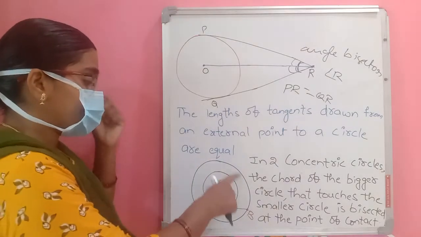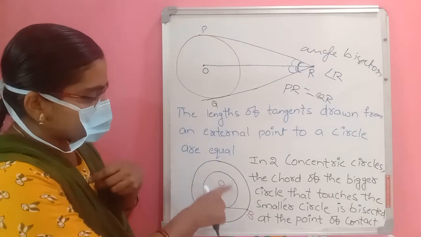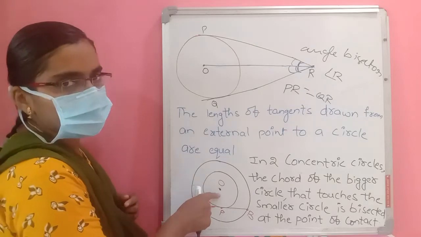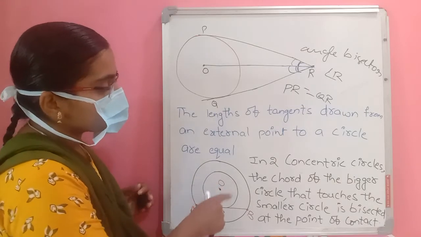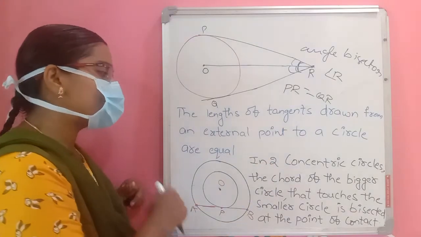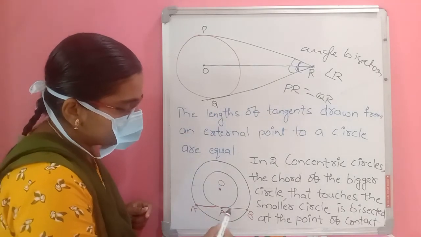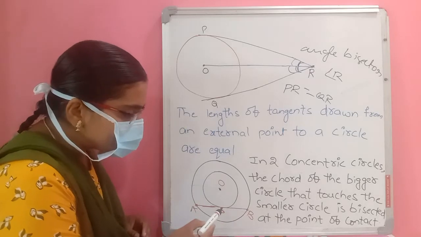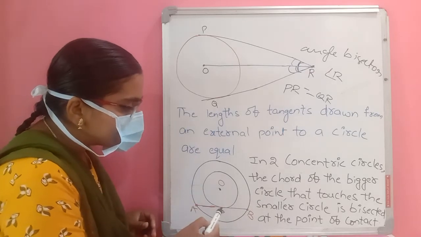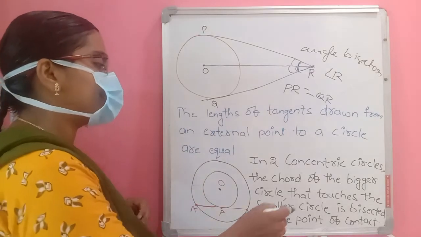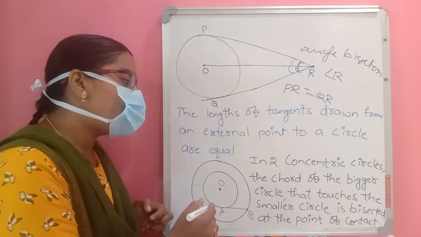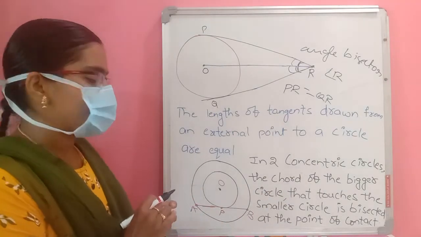Next, if you take two concentric circles, these two have the same center but different radius. In two concentric circles, the chord of the bigger circle is AB. If it touches the smaller circle at a point, then it bisects the chord at the point of contact.